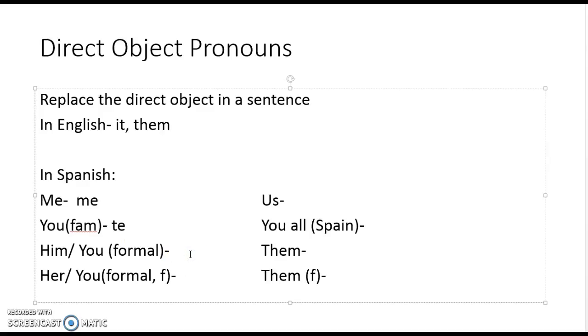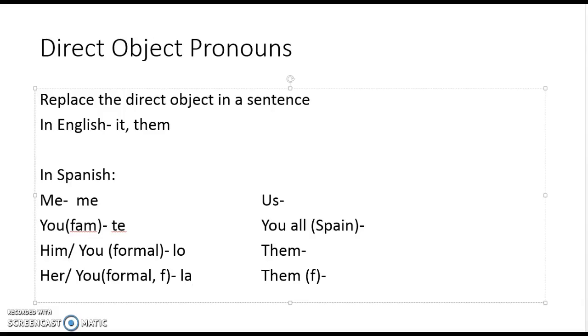For him, or anything that is masculine and singular like el escritorio or el lago, or if you're talking to someone you would refer to as usted, and it's masculine, for example, if you were talking to Mr. Lawson, you would use the pronoun lo.